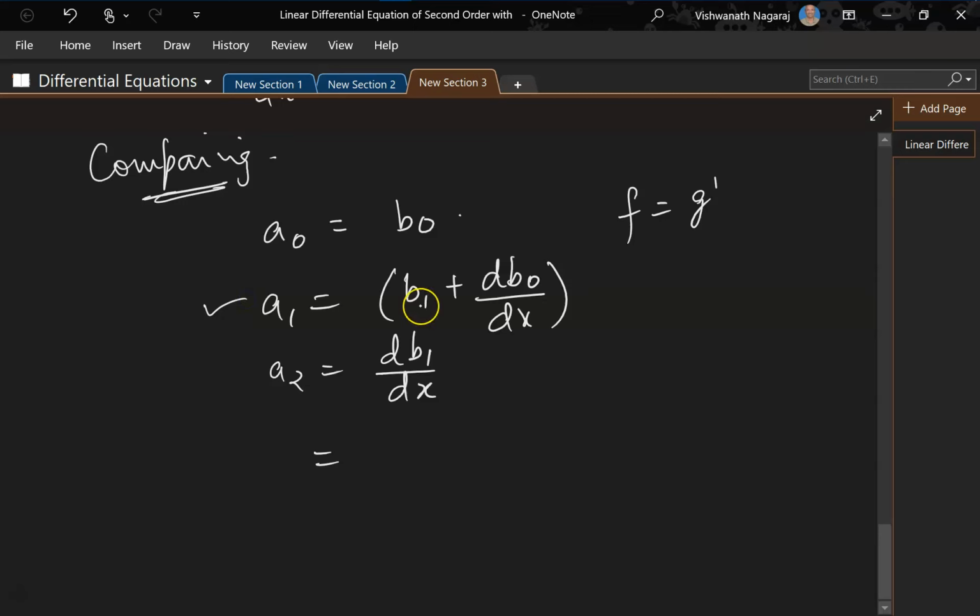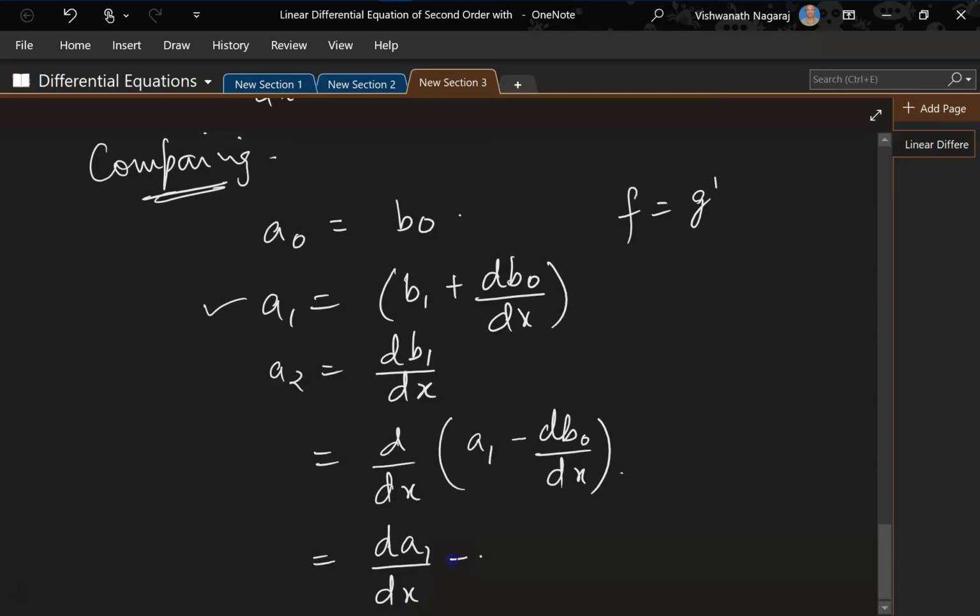Based on the above, b1 is equal to a1 minus db0/dx. So a2 is d/dx of (a1 minus db0/dx), which means this can be written as da1/dx minus d/dx of d/dx of b0. Now b0 is the same as a0, so we write a0.